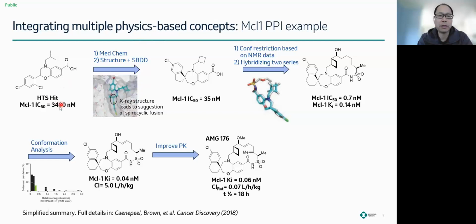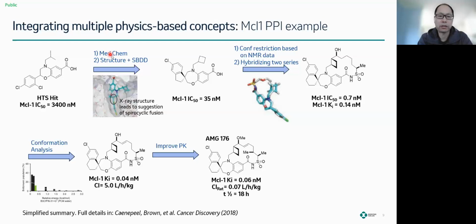And so in MCL1, we started with a high throughput screen hit. This is a random screen, and we found a compound of 3.4 micromolar. We got a crystal structure of that, as well as did NMR studies.